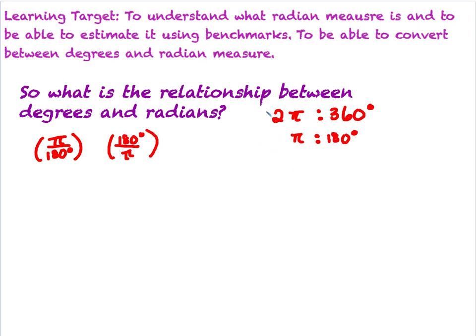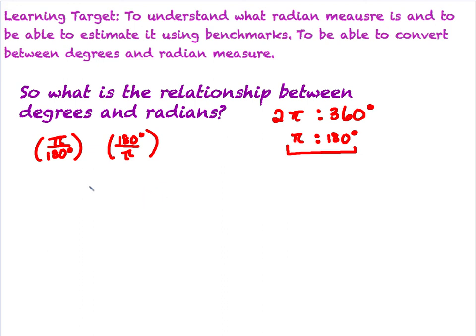We're using the fact that there were 2 pi radians in every circle and 360 degrees in every circle. We've simplified that ratio into pi to 180. And conversion factors are always made by taking both sides of the proportion and expressing them as a fraction, and then using them to multiply other measurements by in order to convert them to the unit that you want.